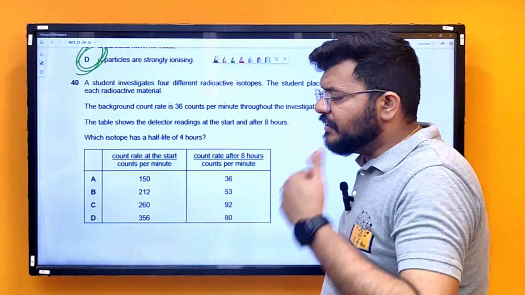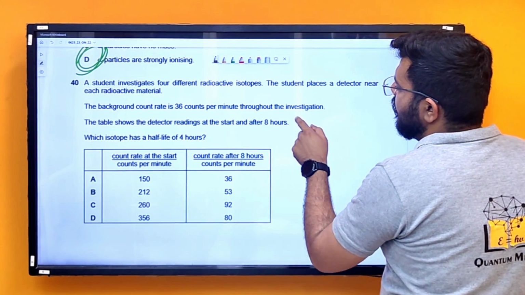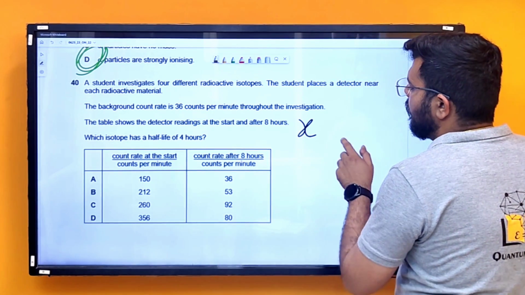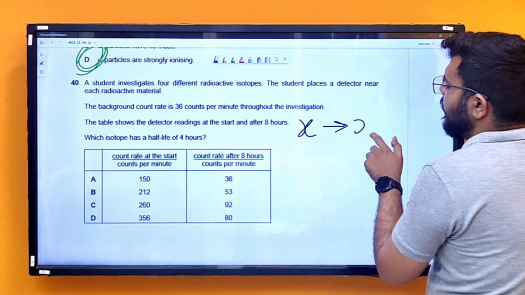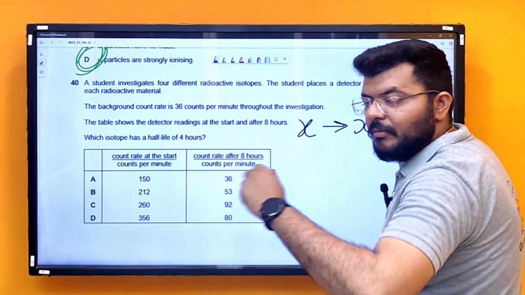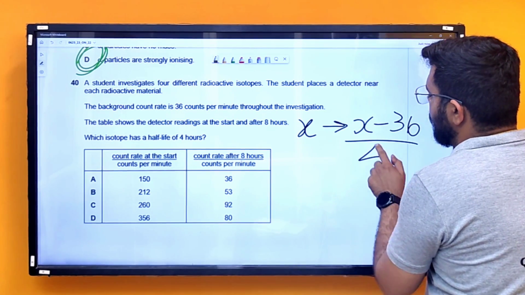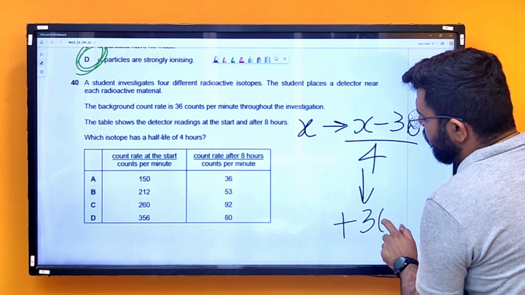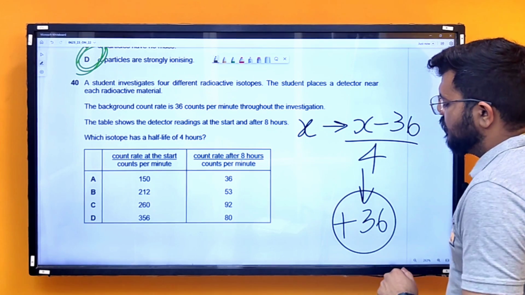It is present, let's say its emission is X at the start of the experiment. Then the emission present is X minus 36, because we subtract the background radiation. Then divide this number by 4. Whatever answer you get, add 36 to it. This gives you the radiation required.